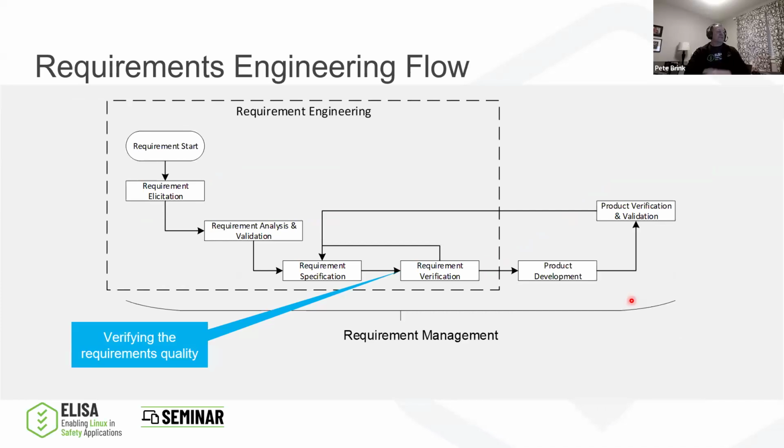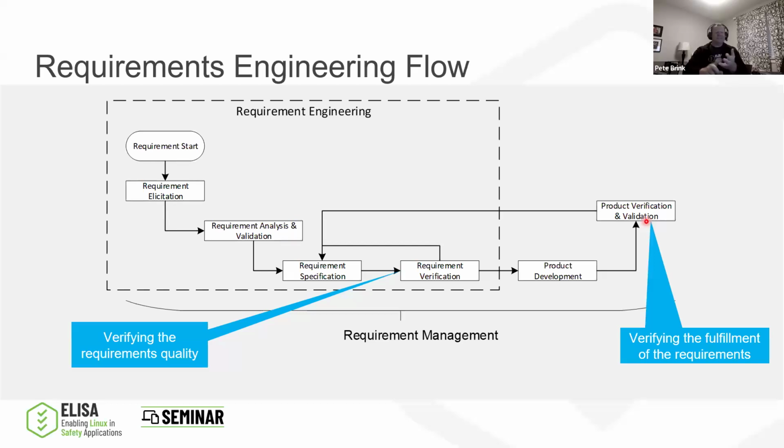So this verification, we're going to verify the quality of the requirements. And then at the end of the whole process, when we get into our product verification and validation, we're going to create and perform a set of tests. And of course, we have potentially unit tests that we execute against the code. We have component tests and integration tests, and we have customer acceptance tests.